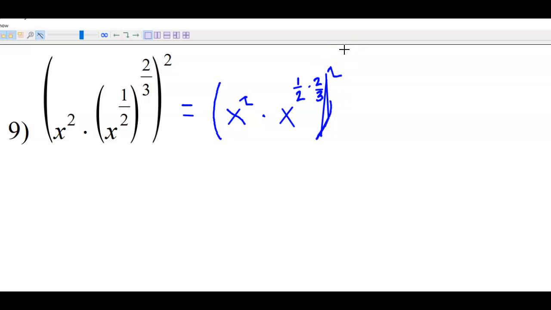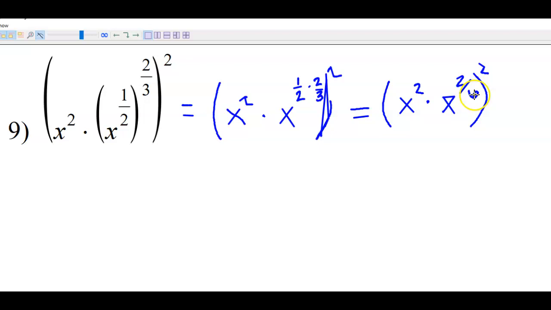Remember, when you multiply two fractions together, you just take the numerator times the numerator, and the denominator times the denominator. So this is going to be x squared times x to the power of 2 over 6, raised to the second power.